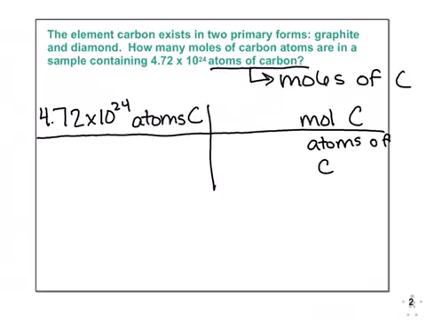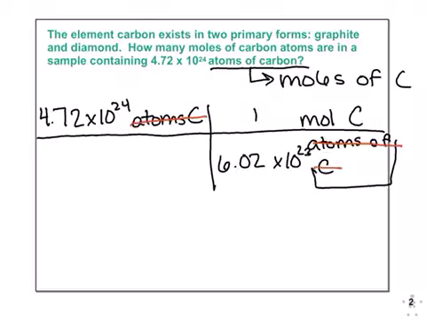So from the previous slide, we can say that 1 mole of carbon is the same as Avogadro's number, 6.02 times 10 to the 23 atoms of carbon. So we needed atoms of carbon to be the unit. And so remember, we can change the unit on Avogadro's number to be something that we need it to be. So doing that allows this atoms of carbon to cancel. We're left with moles of carbon, which is what we want per the question.